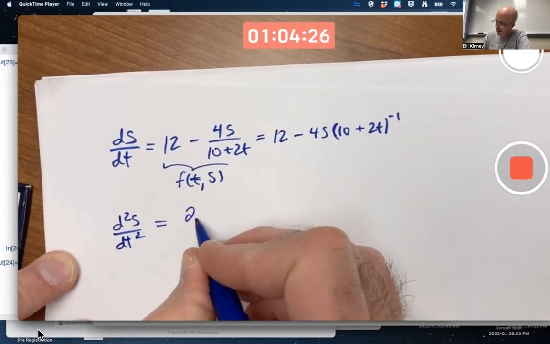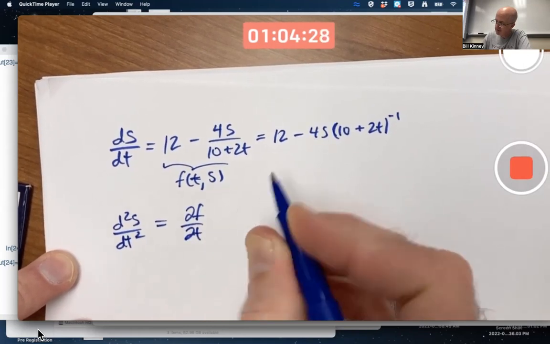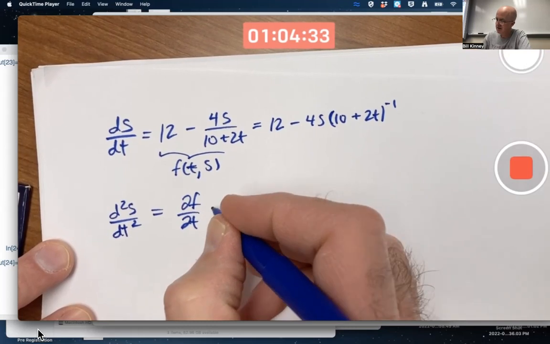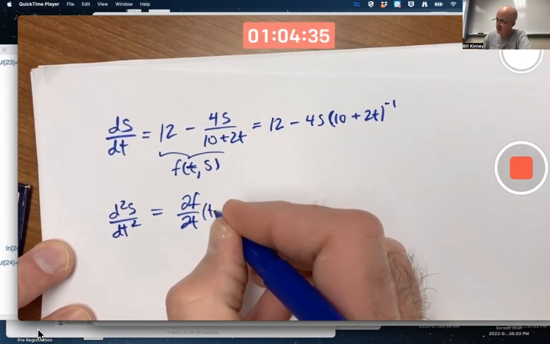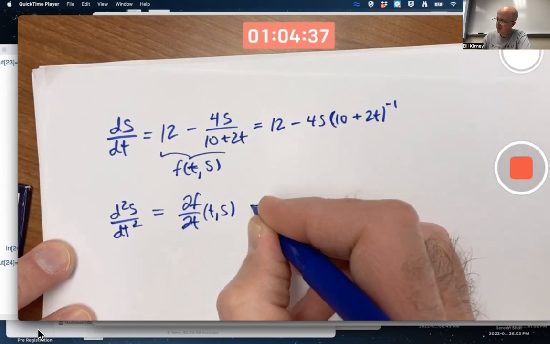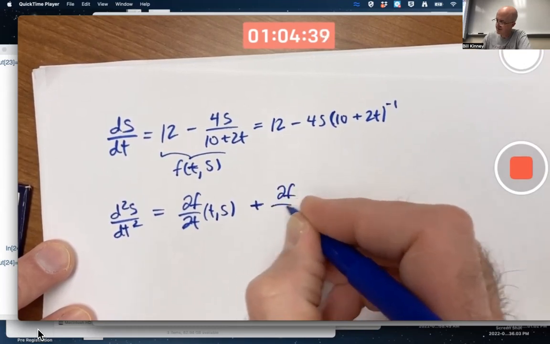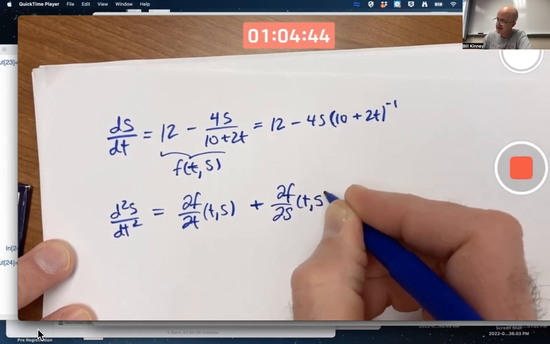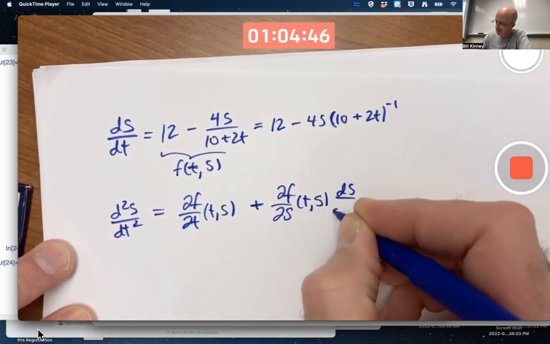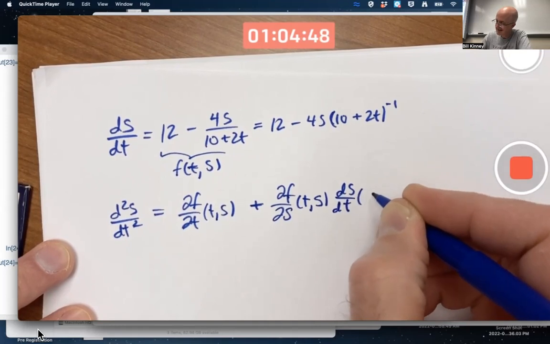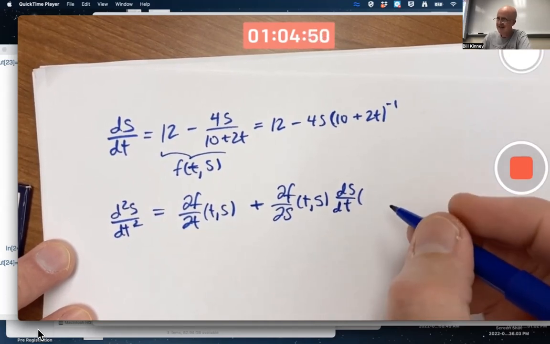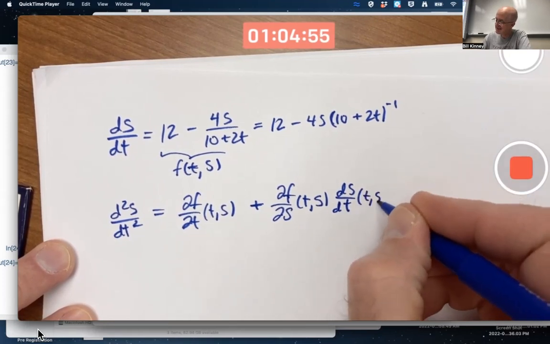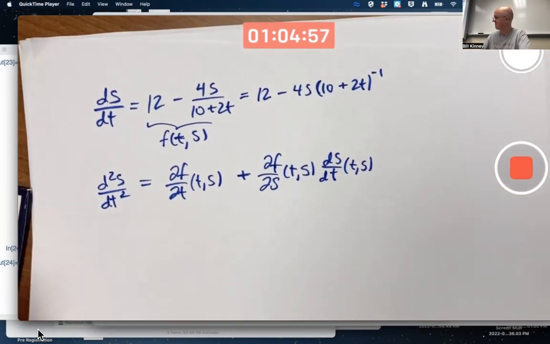And again, that ultimately means doing the partial derivative of f with respect to t times dt/dt, which is 1. And this depends on both t and s, plus the partial derivative of f with respect to the other variable, s in this case, which depends on both t and s, times ds/dt, which ultimately depends on t, though actually at the start it's going to depend on t and s because I'm going to use the differential equation.